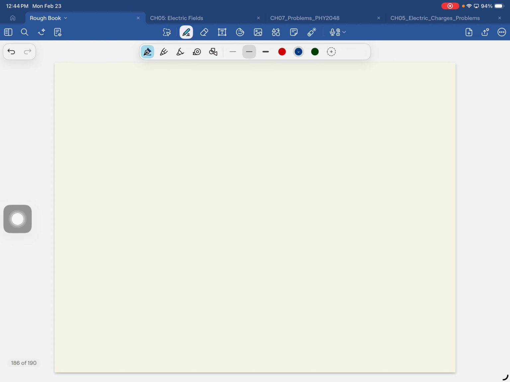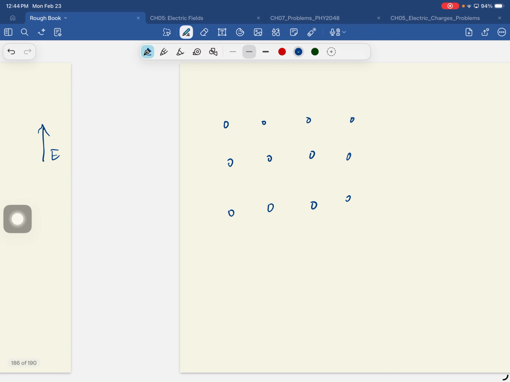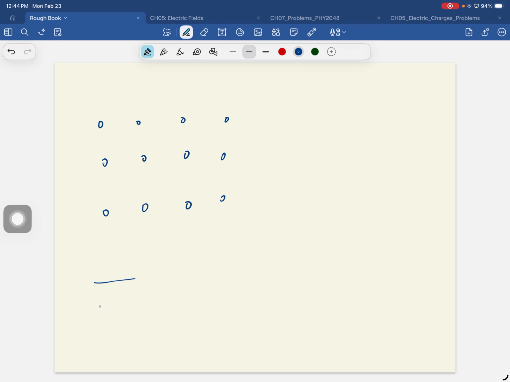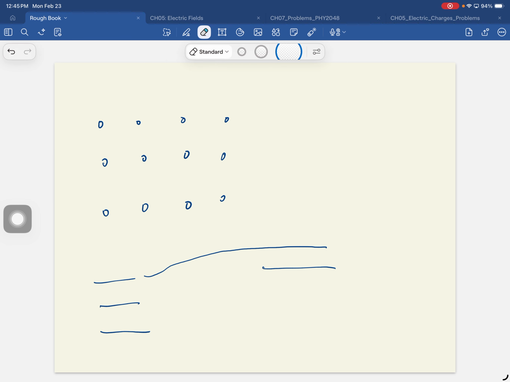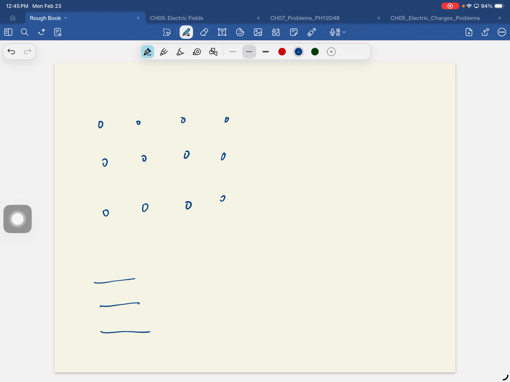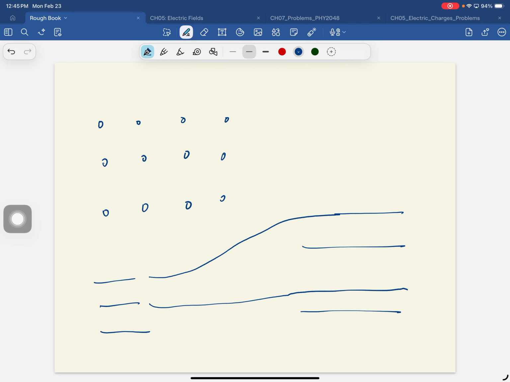Now it turns out that if you take a whole bunch of these atoms and arrange them in a crystal structure, then each of those levels becomes a band.